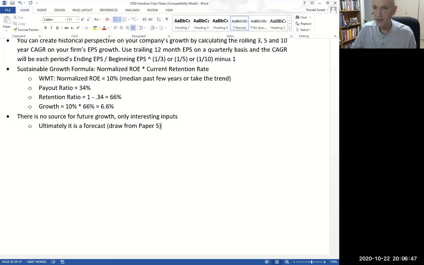But ultimately, it's a forecast. So there's a lot of subjective justification for your firm. That's where this economic moat comes in. Life cycle comes in. Where is this firm in its product life cycle? Is this still a young company expanding?